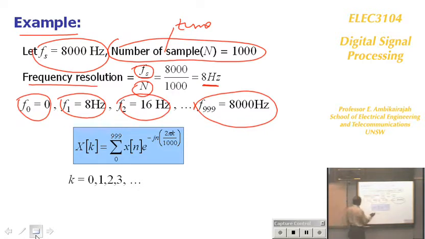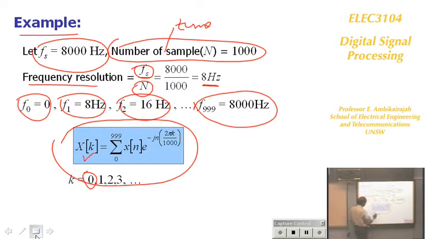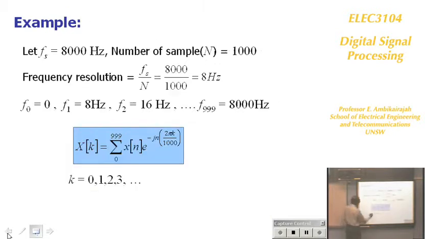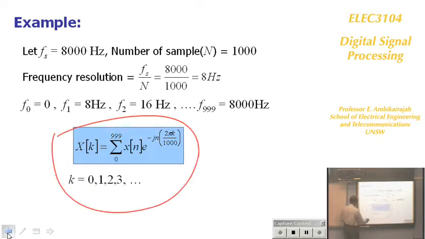If I write the equation, this is what it is. That's how you evaluate. You first set k equal to 0 and find X0, then set k equal to 1 and evaluate this equation, and then k equal to 2, you evaluate this equation. If you continue, that's basically how you evaluate.